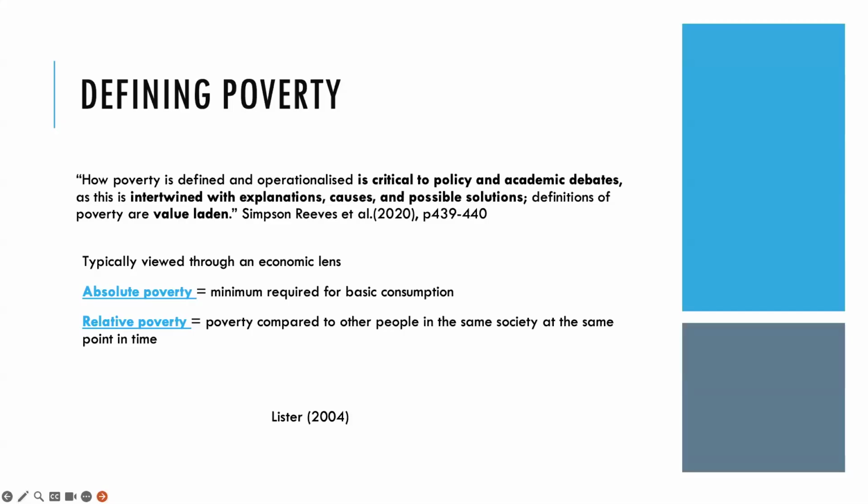Typically viewed through an economic lens, poverty can be categorized into two major forms. Those are absolute poverty, which is all about not meeting the minimum required for basic consumption, and relative poverty, compared to other people in the same society at the same point in time.